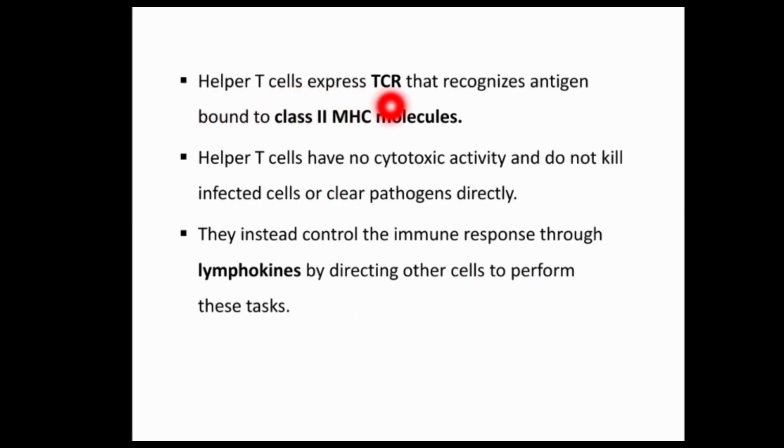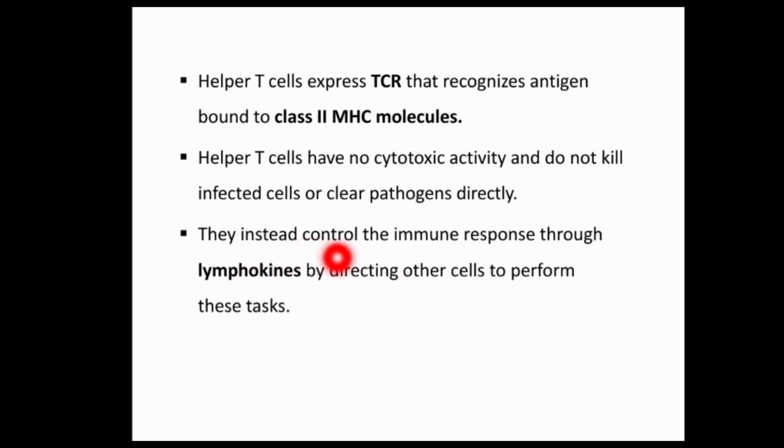Helper T cells express TCR. TCR means T cell receptor, which recognizes antigen bound to class 2 MHC molecule. I already showed this in the antibody formation. Helper T cells have no cytotoxic activity and don't kill infected cells or clear pathogens directly. They just help to produce the signals.